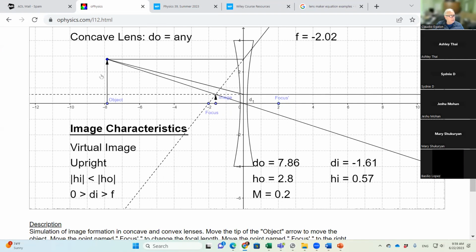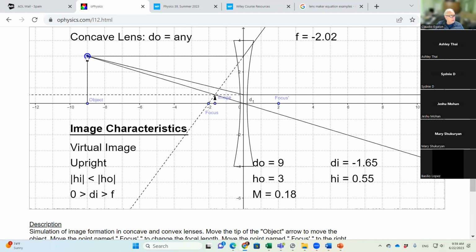Here's my object. Let's draw a light ray parallel to the axis, and another towards the image of the focal point. Toward the image of the focal point, it is diverged parallel to the axis.